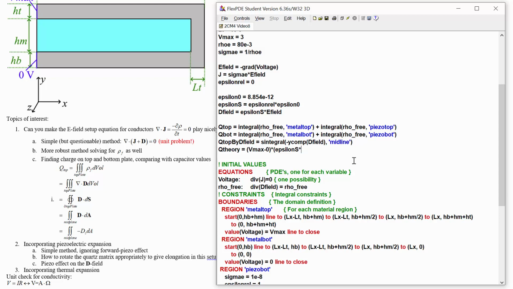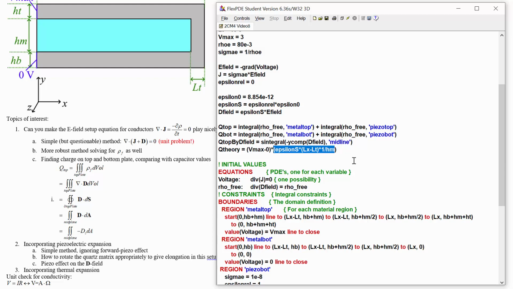Epsilon times the area, which is the length times the depth in and out of the page, and that's just 1 for this two-dimensional simulation, over the thickness, which is HM. So this is epsilon A over D.